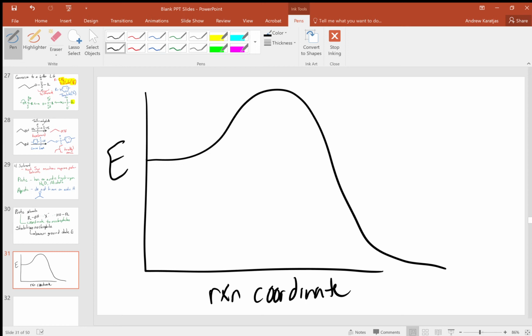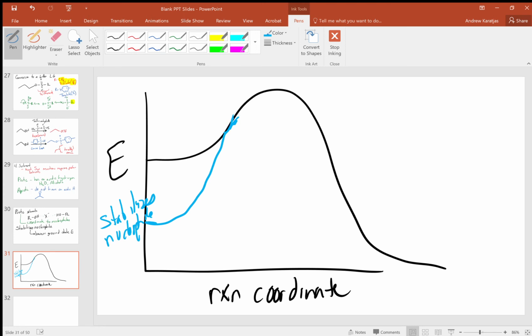But if we add a protic solvent, that protic solvent stabilizes the nucleophile. By stabilizing the nucleophile, it lowers its ground state energy. Now, in order for the reaction to take place, it's going to go through the same intermediate and get to the same product. So at some point, these two graphs will merge.